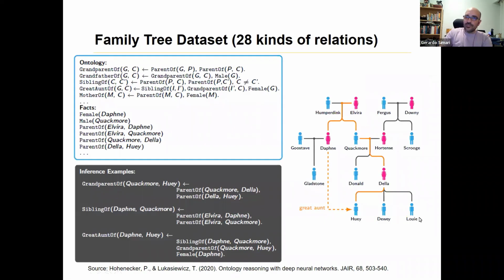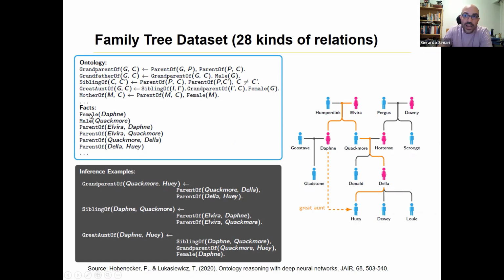So just to get a glimpse of what the data looks like, what the domains look like, this is one of the toy data sets. The family tree data set, the ontology encodes all the family relations, right? So mother is a parent that is female, sibling, you have the same parent and two different individuals, grandfather, we all know more or less what this is.